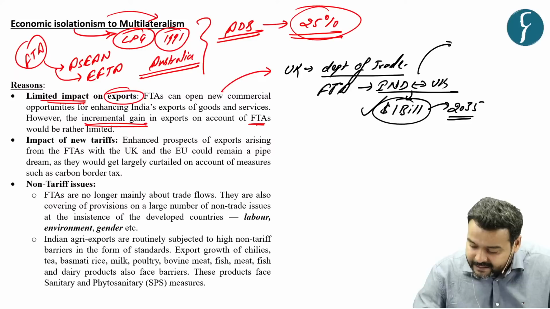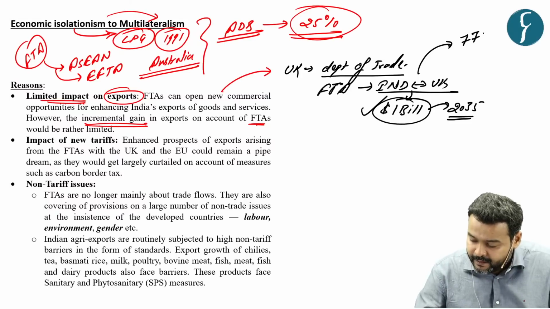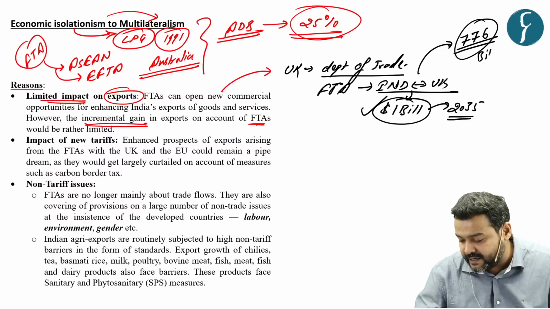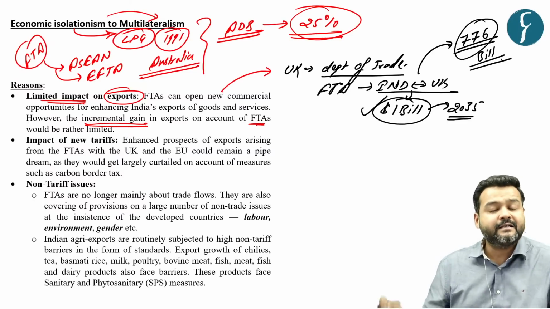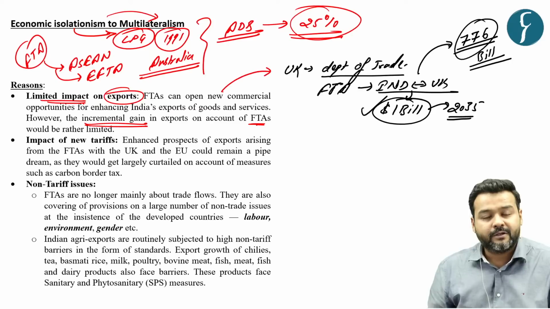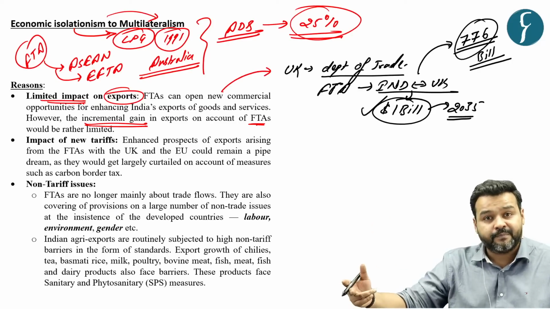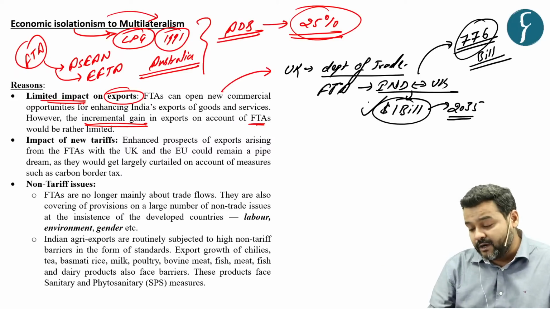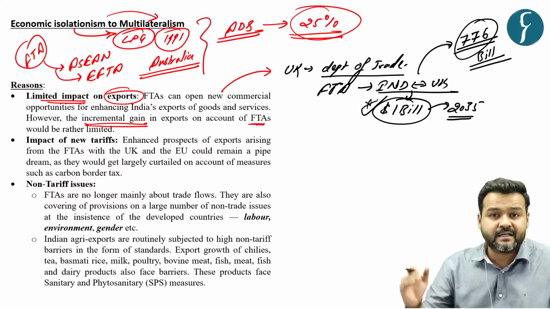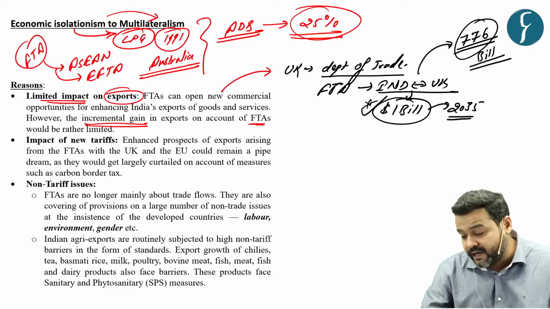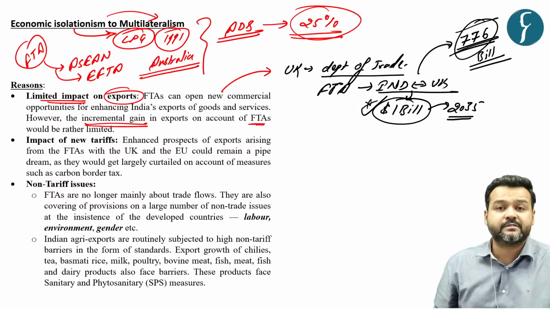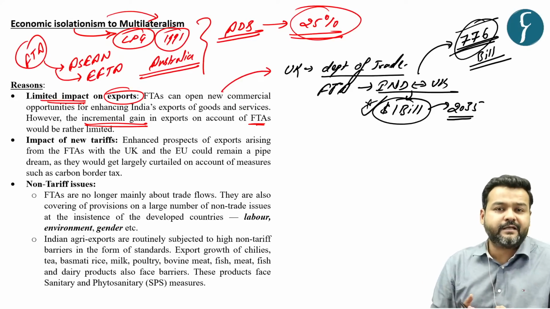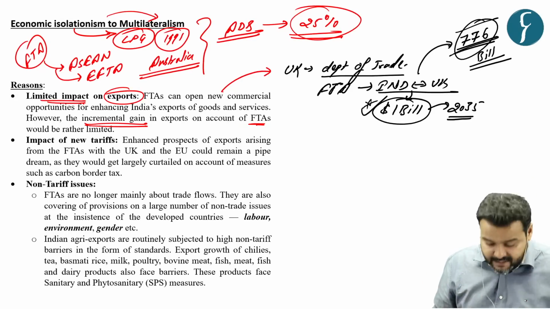But the interesting thing is, it is a very meager amount considering the present export value, which stands at $776 billion, and that too in 2035. We are standing here in 2024. So after 11 years, you are going to add 1 billion. This incremental value is very low against $776 billion. So FTAs generally are not adding that much value to India's kitty.